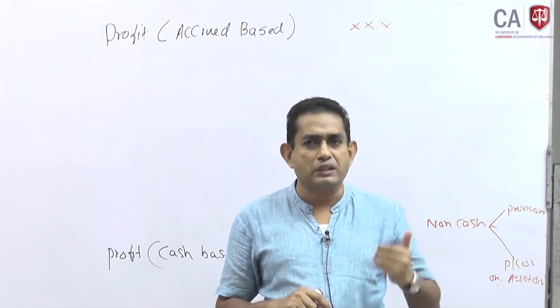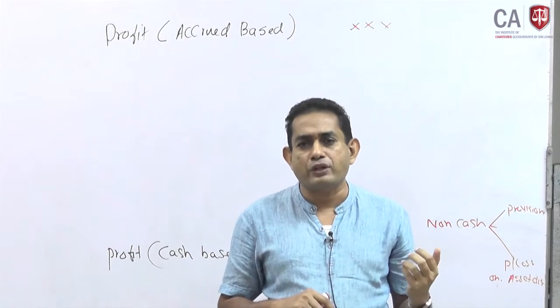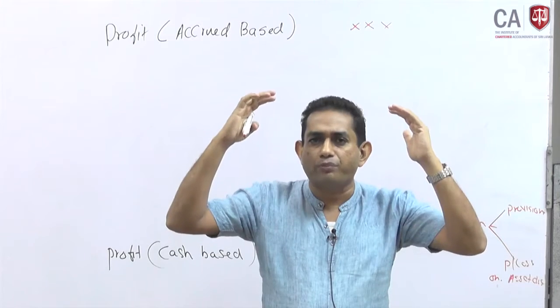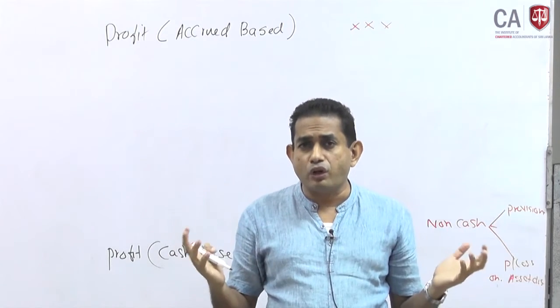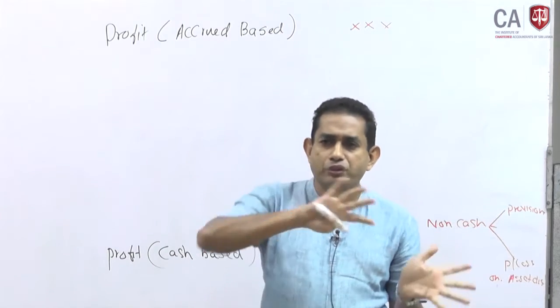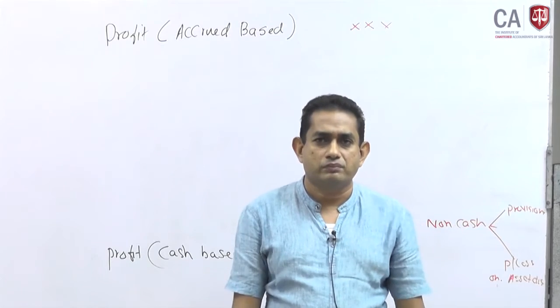So likewise, there can be many more provisions. All these provisions are just mere book entries, and they do not get involved in cash, and all these provisions would have brought down our cash profit. To convert your non-cash profit back to the cash profits, you need to eliminate the effect of all these provisions.